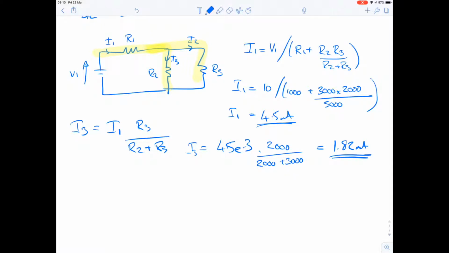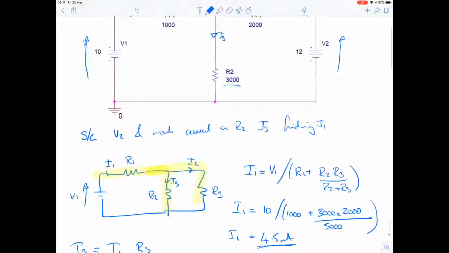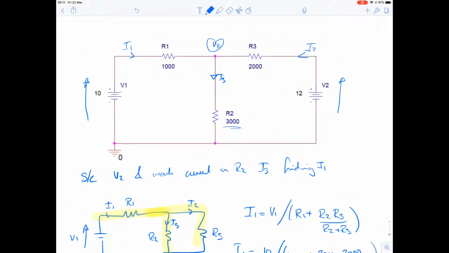Okay, smaller than the 4.5 and what I would expect. So now what I've done, this value here is the current flowing in R2, the middle resistor, as a function of the first voltage source, not the second voltage source. Okay, so that's drawing a line. That's the first part of superposition. So I've worked out what this supply does inside R2, this middle resistor.